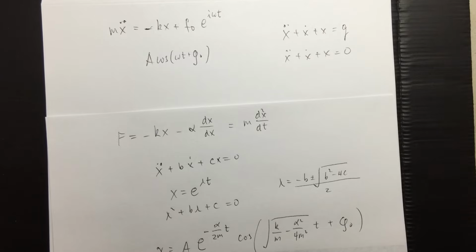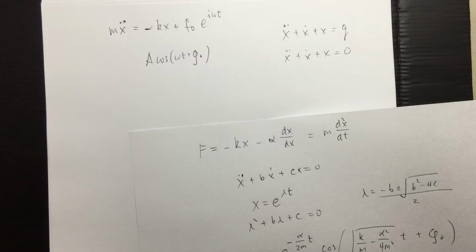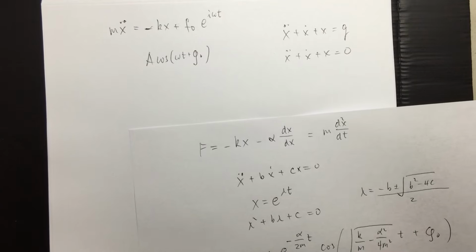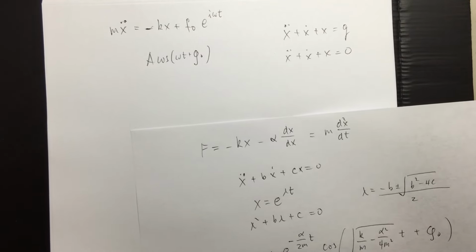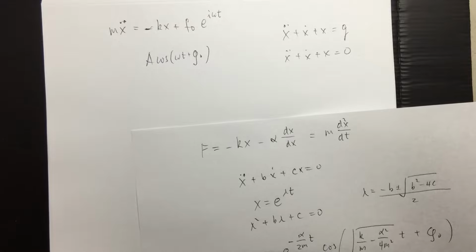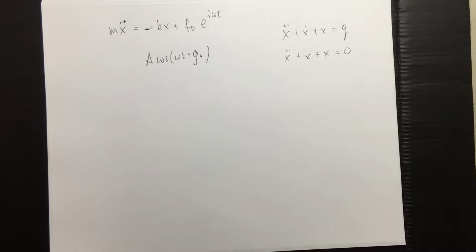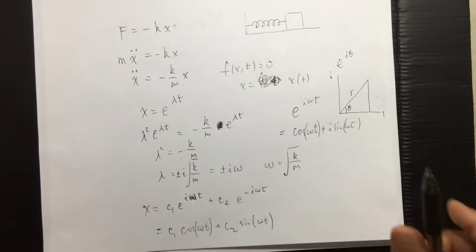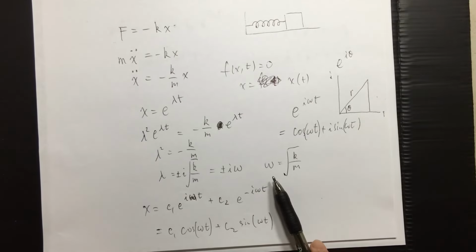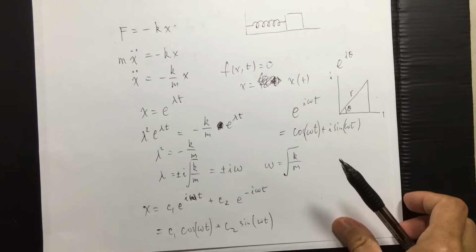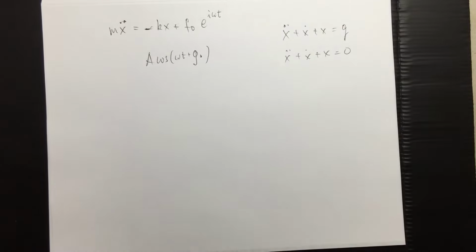Okay, let's just do this. Let's call this k over m as omega, right? So we just keep doing this.